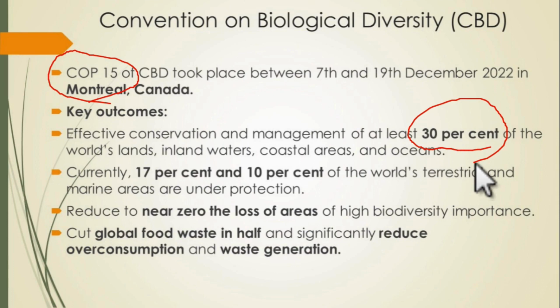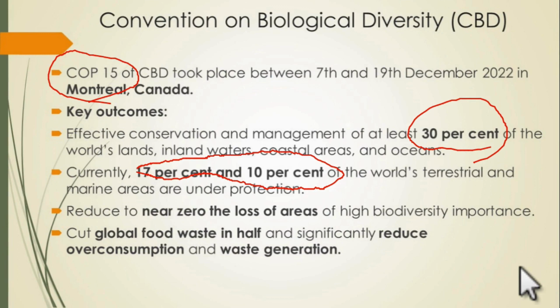Right now we have only 17% of the world's land and 10% of the world's ocean conserved. But CBD COP15 has said that we will take this number up to 30%.